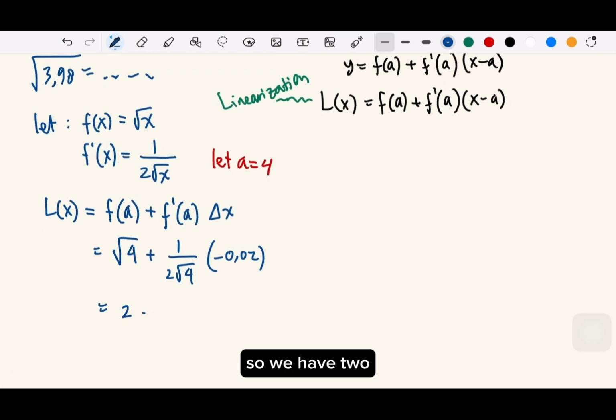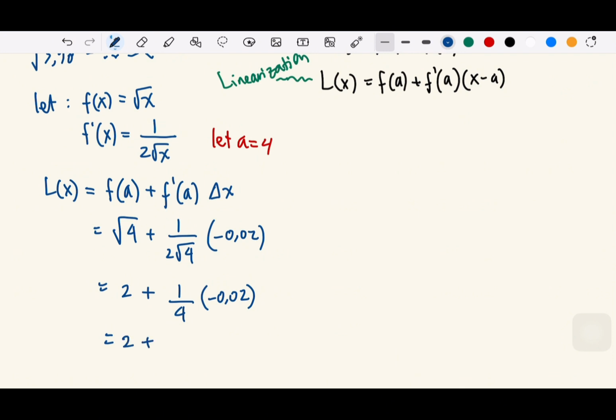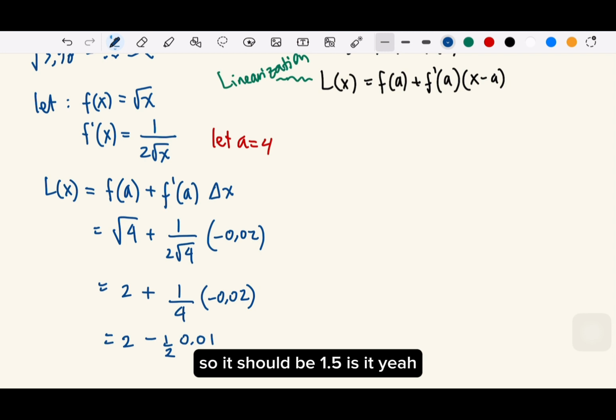So we have 2, or this is going to be, so it should be 1.5.